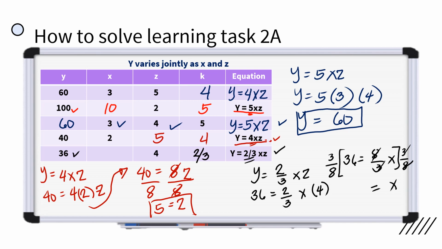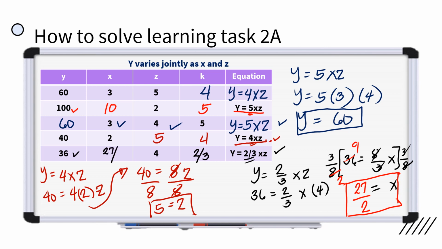So, 36 times 3 is, simplify muna natin pala. 36 divided by 8. We can simplify it by 4. So, this will become 2. And this will become 9. So, 9 times 3. So, we have 27 over 2. And that is the value of our x. Sulat natin.